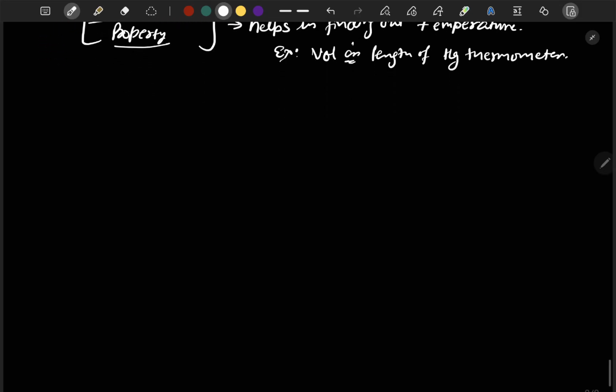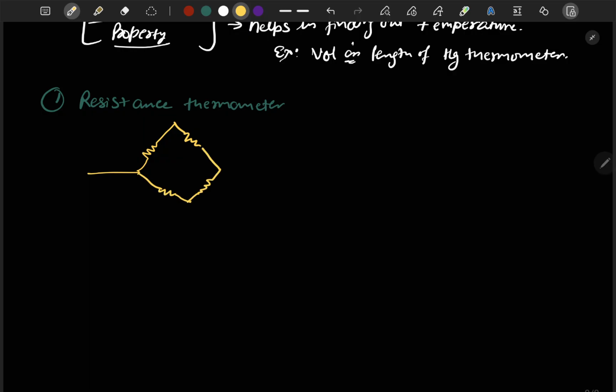The first type of thermometer we will look into is the resistance thermometer. For the resistance thermometer we have a simple circuit like this. You should have studied the simple Wheatstone bridge in your 12th class.